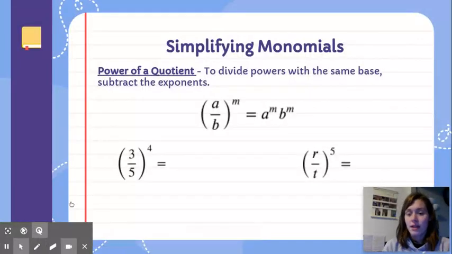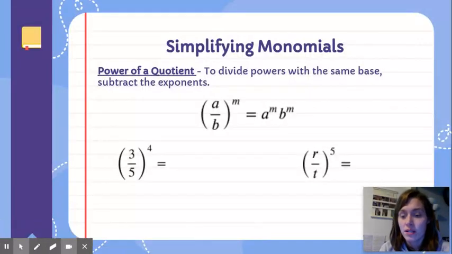Now we're going to look at what happens when we are dividing things inside parentheses, all being raised to a power. So just like when we were looking at power of a product where we were distributing the exponent to everything we were multiplying inside, it's going to work the same way with power of a quotient. We're just going to distribute the exponent to each term inside the parentheses.